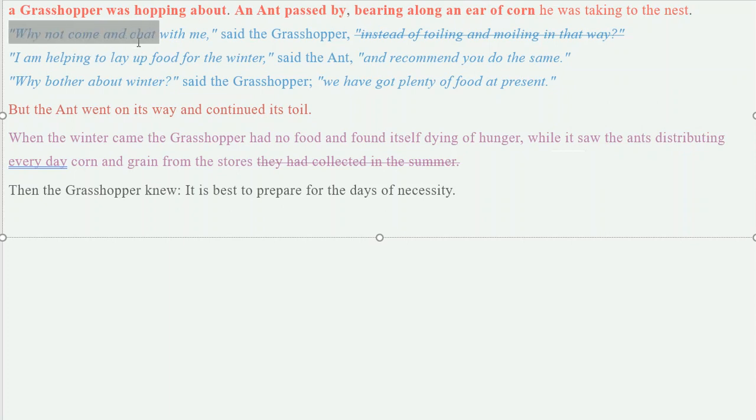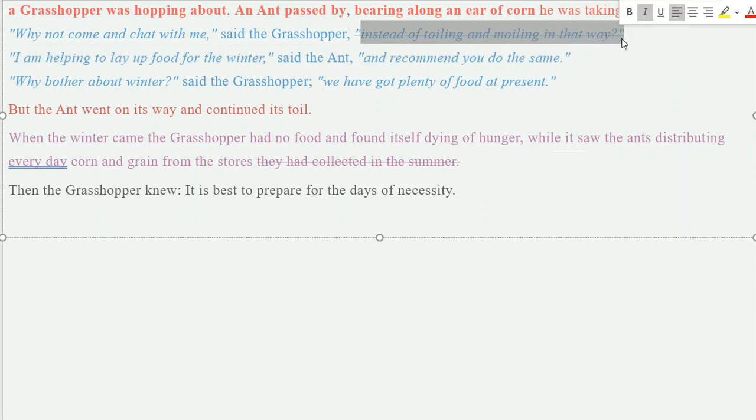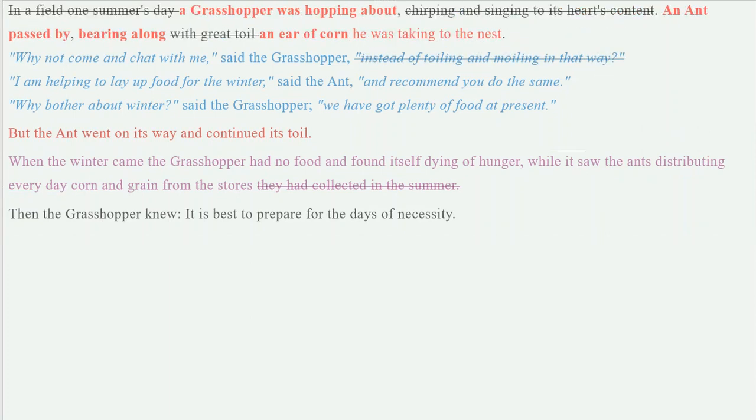So let's have a look. Why not come and chat with me, says the grasshopper. Well, instead of toiling and moiling in that way, we could remove that, right? So actually I might keep it this way.